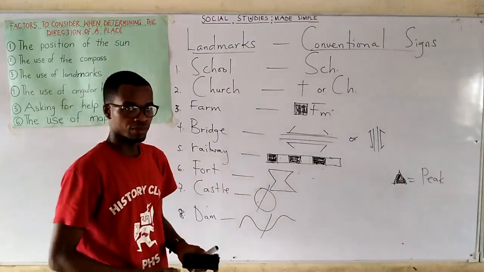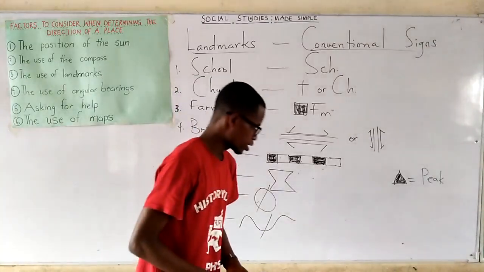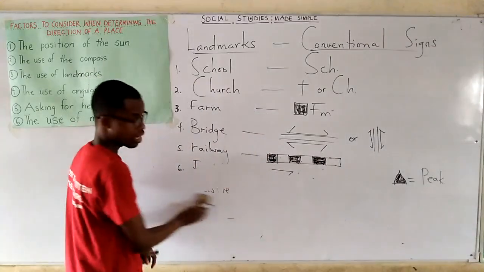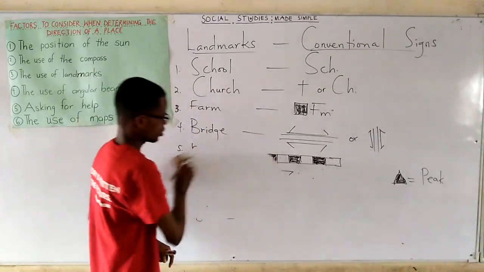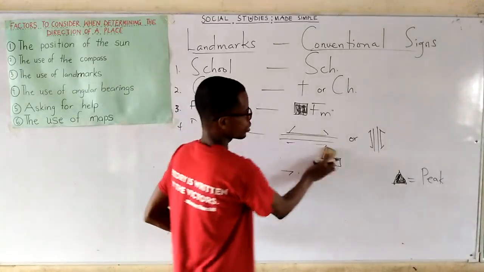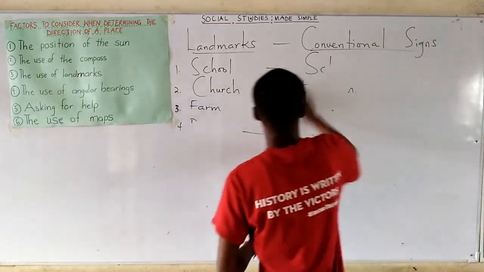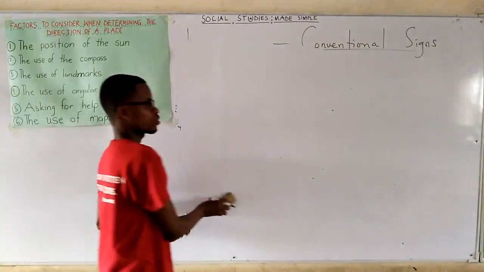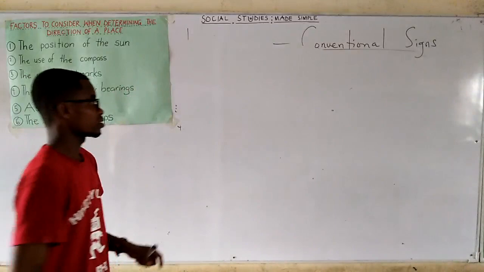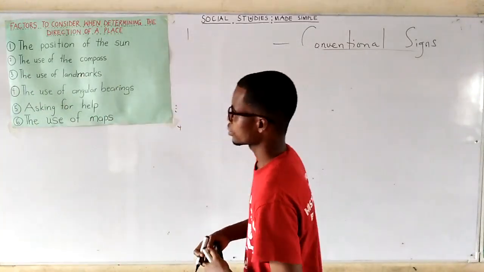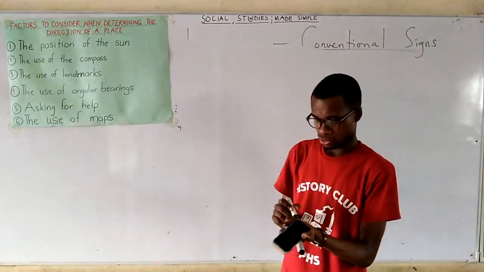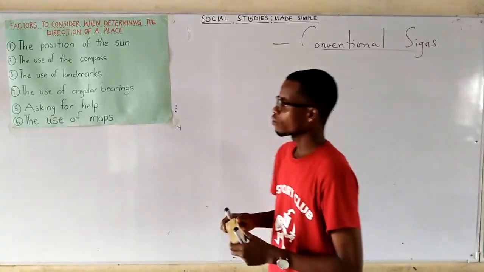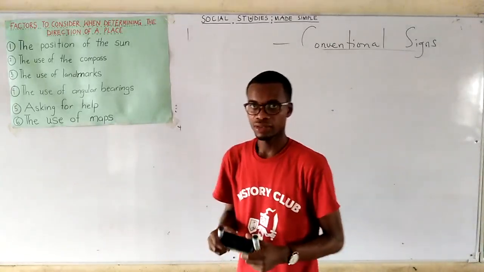There are a lot of them, and we can keep on writing and indicating their conventional sign on and on. So we have seen landmarks and their conventional sign. So landmarks are also very important when we are trying to indicate the location of a place, or the direction of a place.